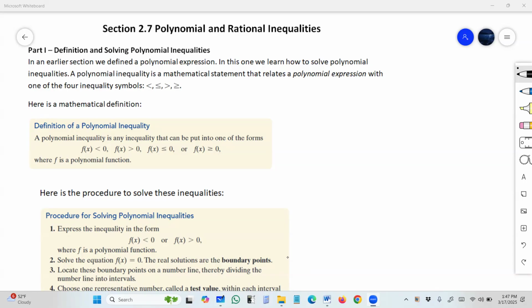Now, for the polynomial inequalities, it is almost identically the same as solving polynomials.